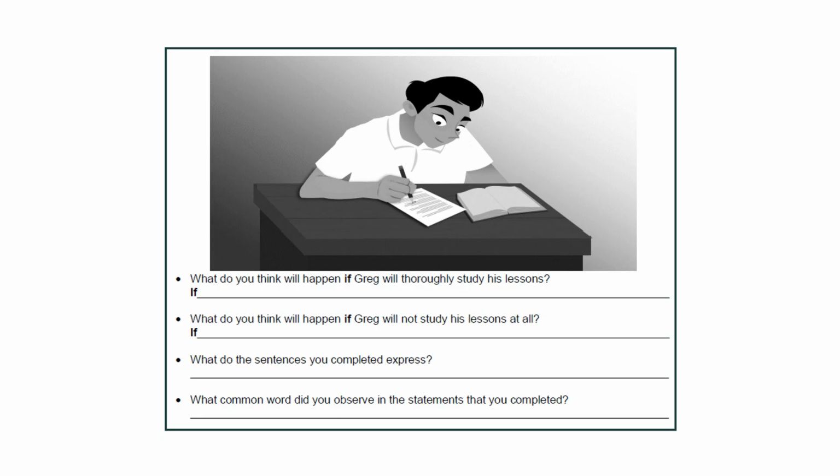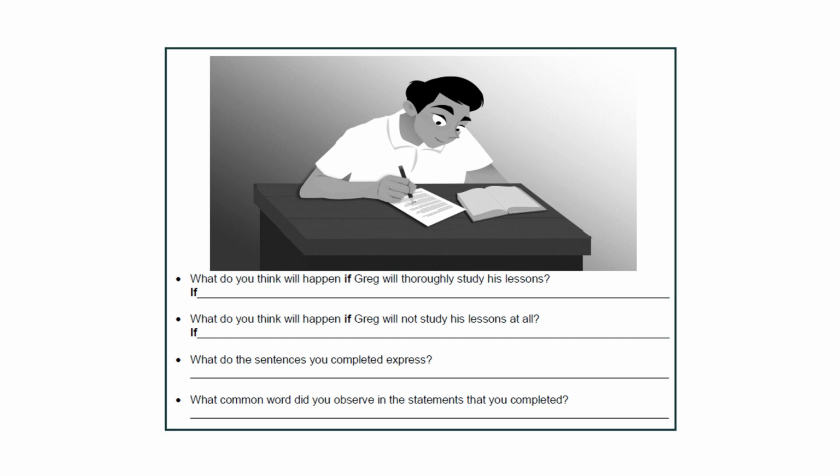What do you think will happen if Greg will thoroughly study his lessons? And we have what we call the keyword here, which is if. So if Greg will thoroughly study his lessons, he will have passing grades.